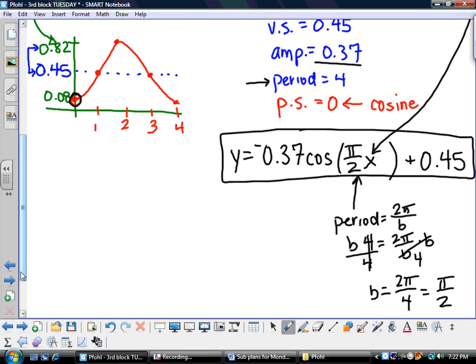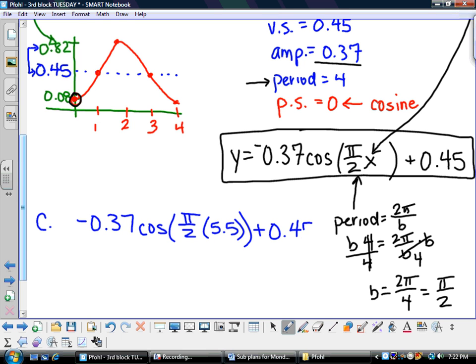So for part C, on your calculator, type in negative 0.37 times the cosine of pi over 2 times 5.5 plus 0.45.